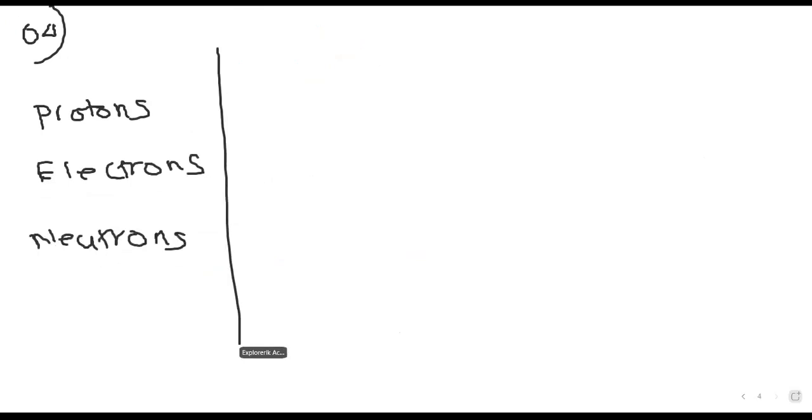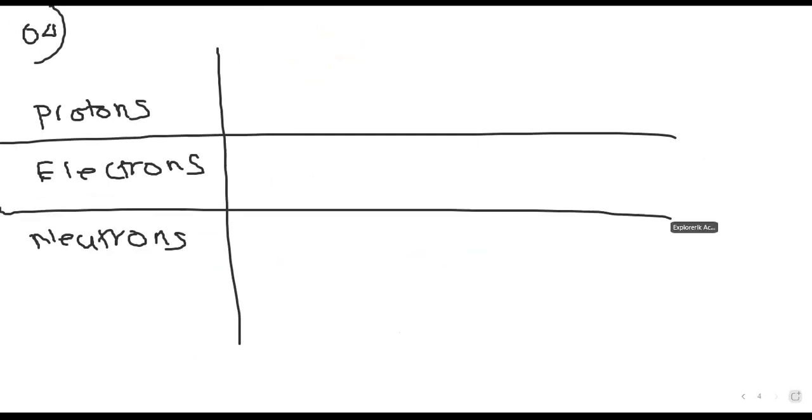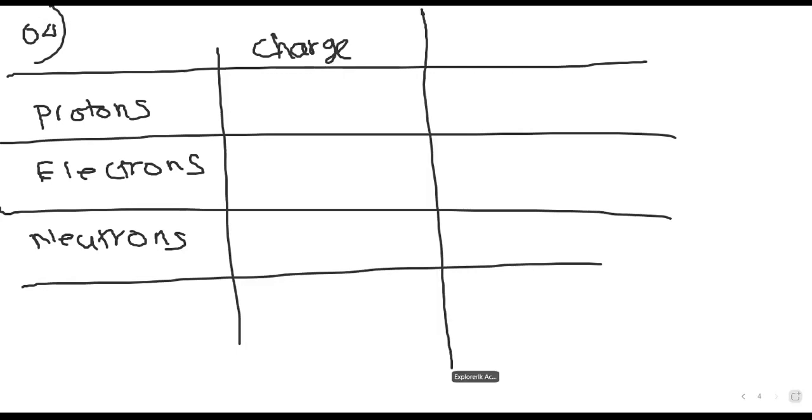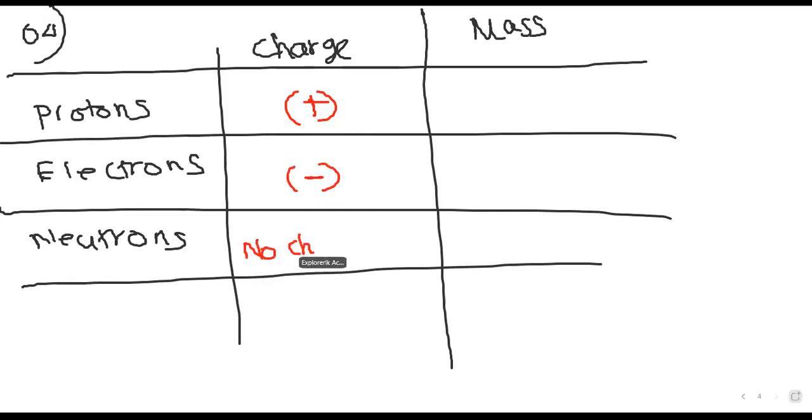When you talk about their charge, protons have a positive charge. Electrons have the opposite charge to protons, which is a negative charge, and neutrons have no charge. One can say they are neutral.